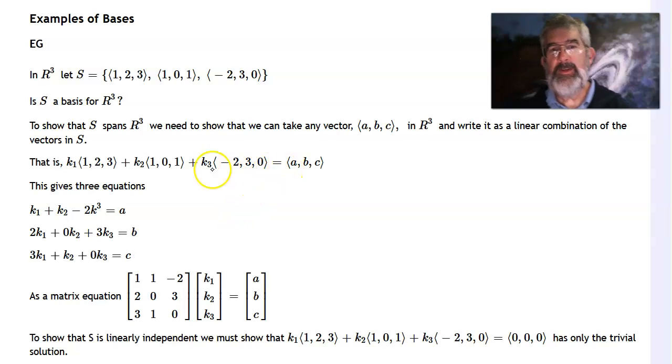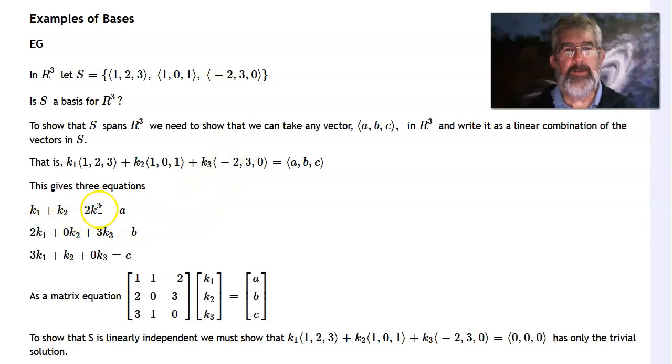Well, this single equation in R3 vectors I can rewrite as three equations of real numbers. The first component on the left-hand side has to equal a, the second component has to equal b, and the third component has to equal c. So the first component is 1 times k1 plus 1 times k2 minus 2 times k3.